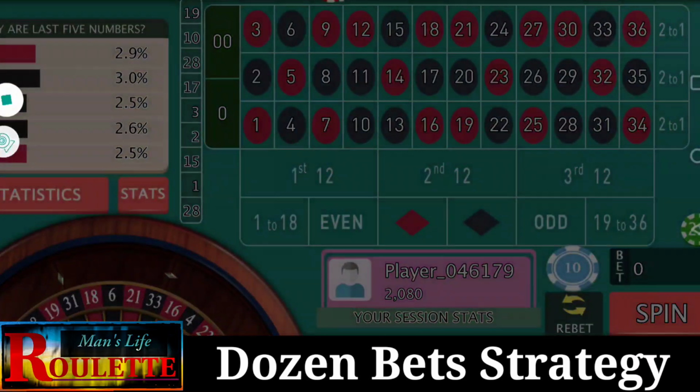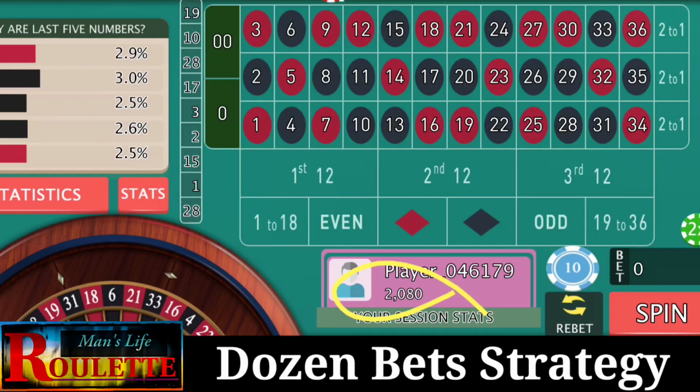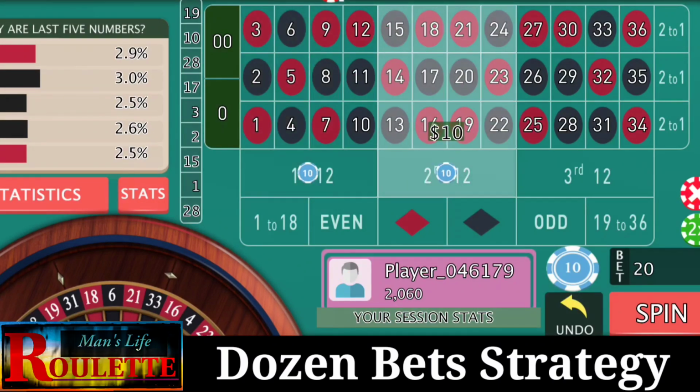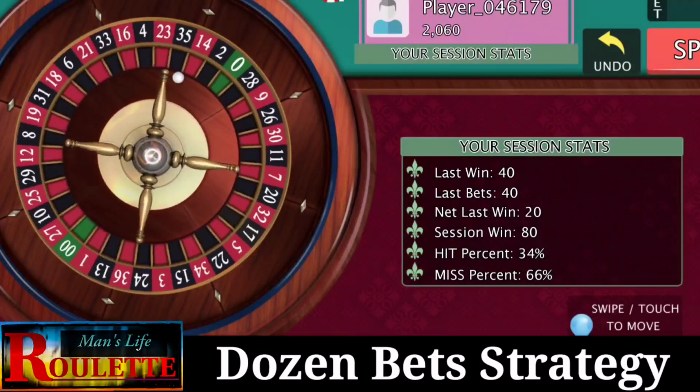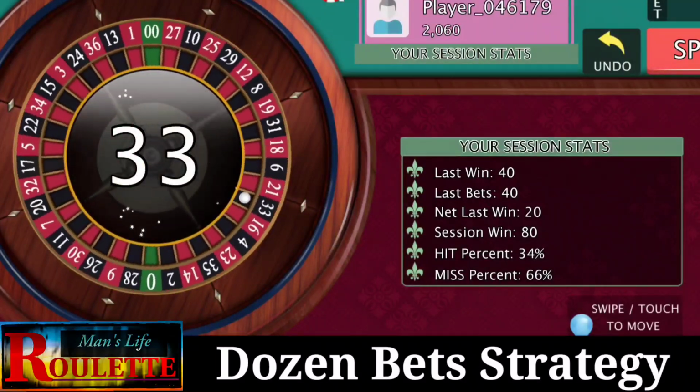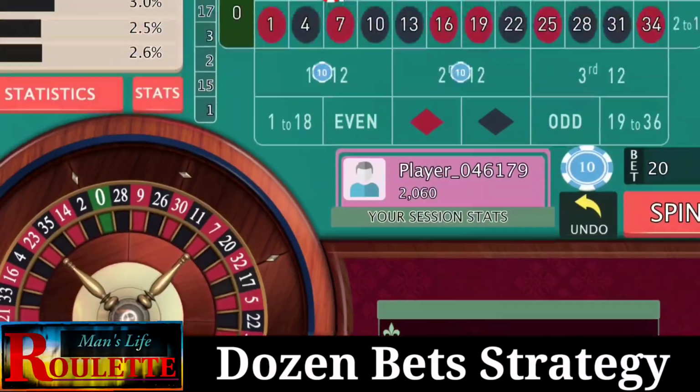So now you can see a new high has appeared on my bankroll, 2080, and I have to start from the beginning. So this is the strategy, and if you can follow this strategy, then definitely your chances of making profit from the roulette table will increase.